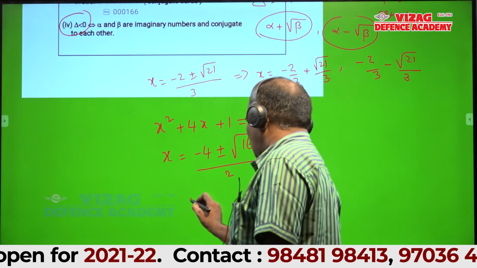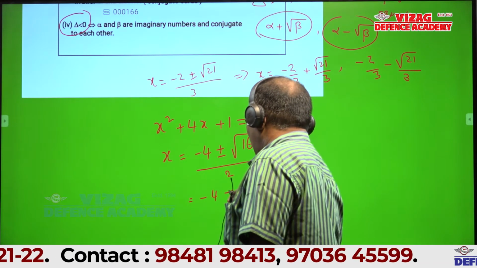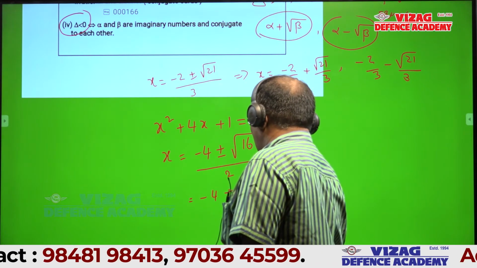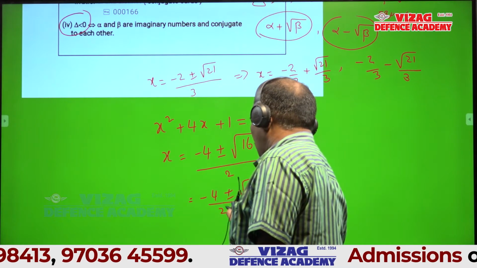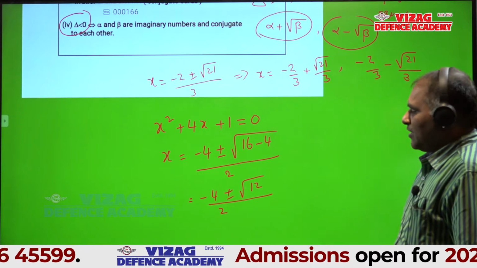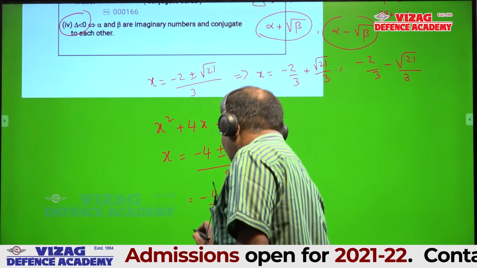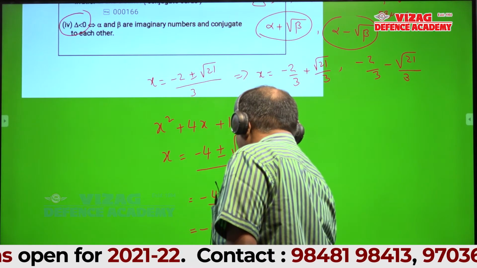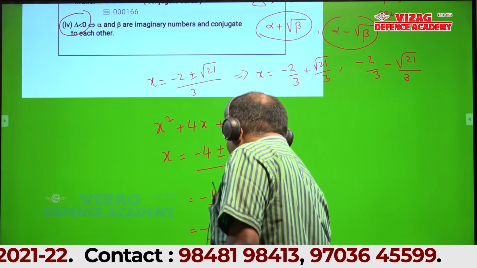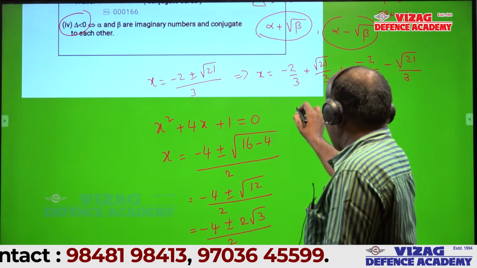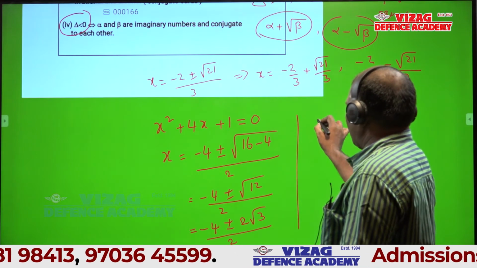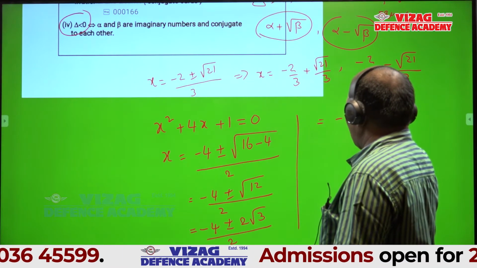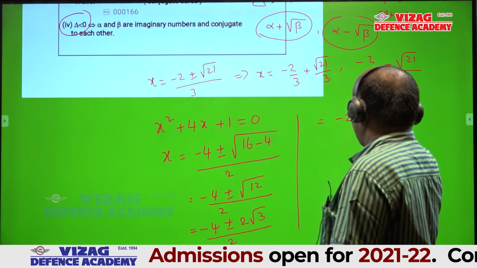That is equal to minus 4 plus or minus root 12 divided by 2, which is minus 4 plus or minus 2 root 3 whole divided by 2. Here you get minus 2 plus or minus root 3.